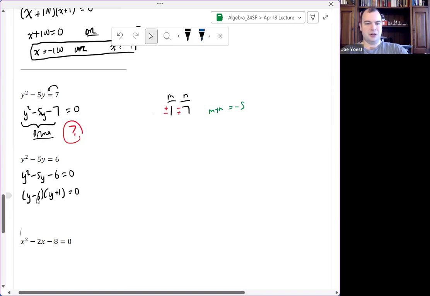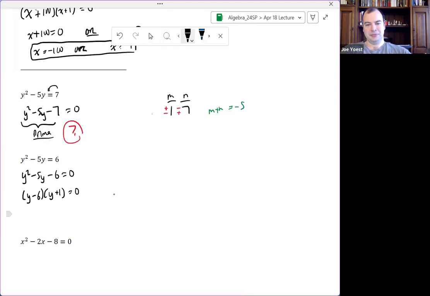So my lasts multiply to give me -6, and my outside plus y, inside minus 6y, that gives me -5y, so that looks right. I use my zero product property, either y minus 6 equals 0, or y plus 1 equals 0, either y equals 6, or y equals -1.